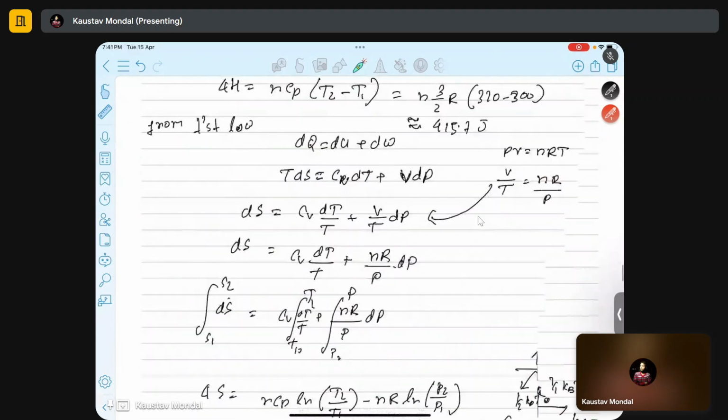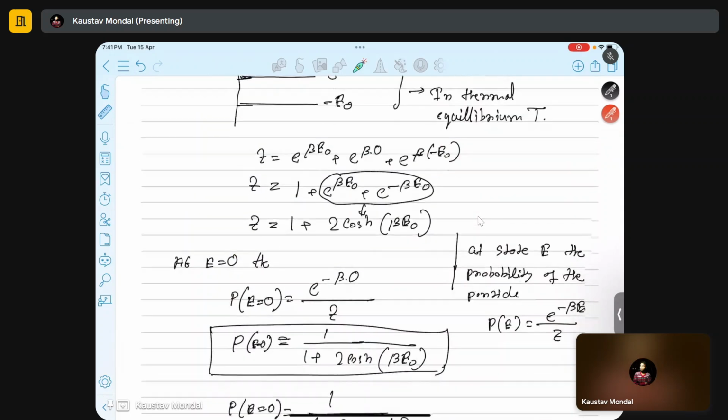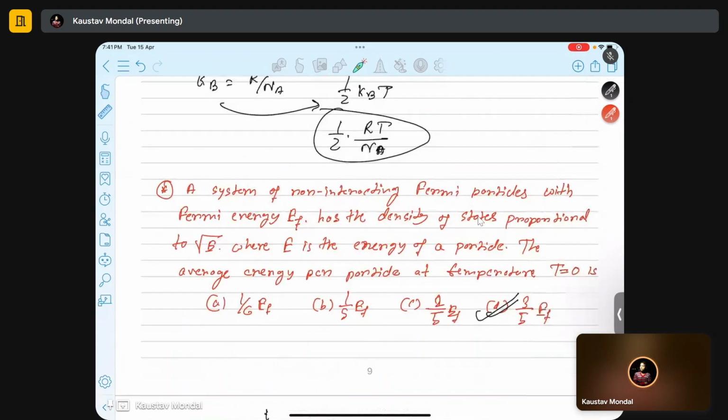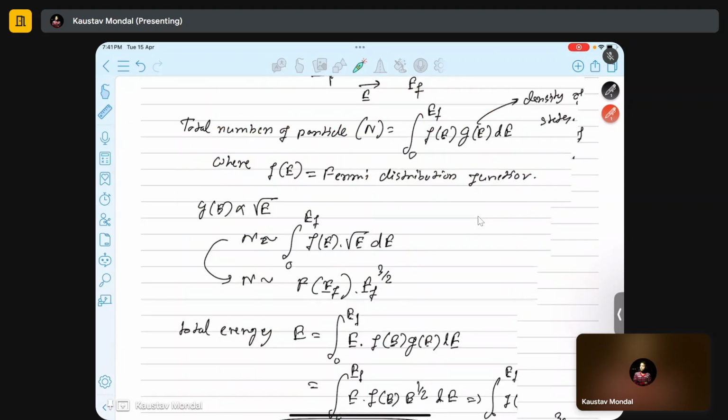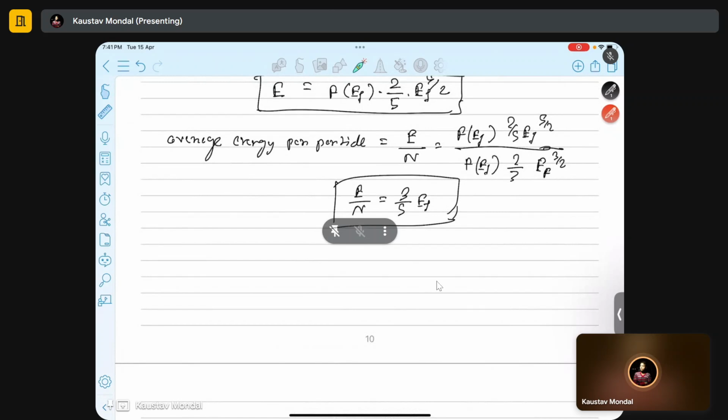From question number 5 onwards, we did statistical mechanics problems, where particles are distributed in different energy states and we calculate probabilities and other things. Lastly, we did another statistical mechanics problem on Fermi particles, on how to calculate the Fermi energy levels and the energy per particle. Okay, that's all. Let me conclude the class.